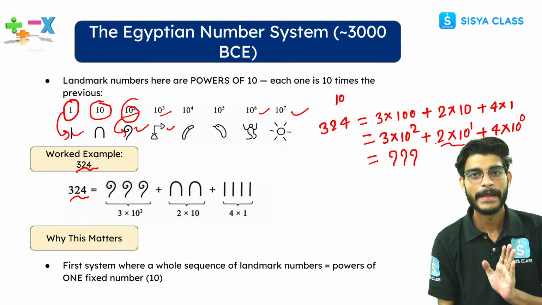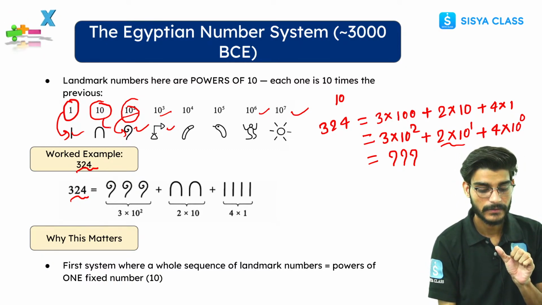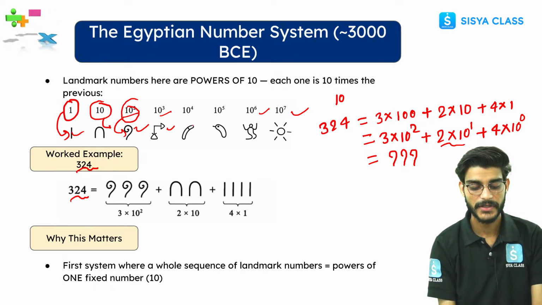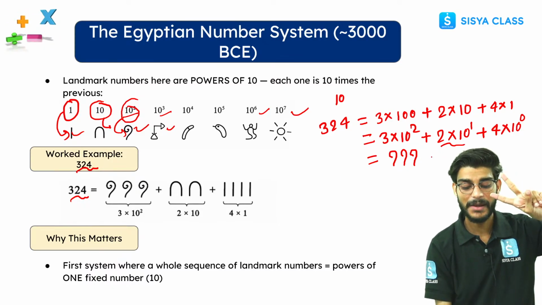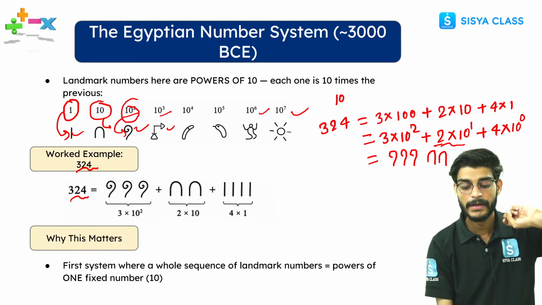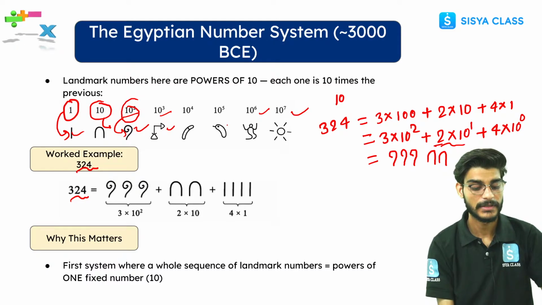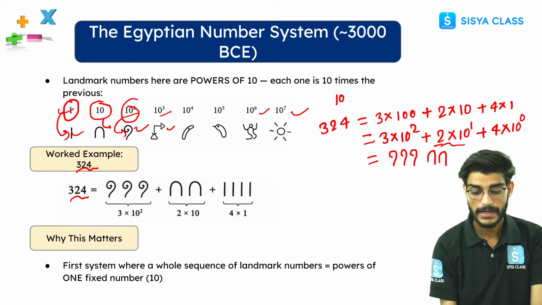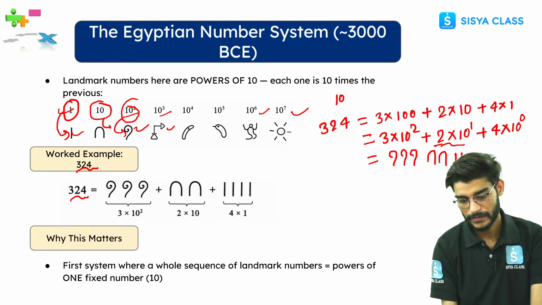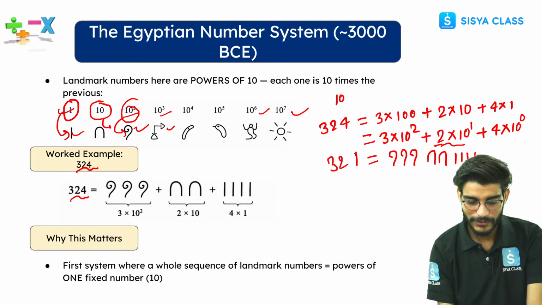Now this is 2 into 10 power 1. What is the notation for 10 power 1? This is the notation, and how many times do we have to write it? 2 times. So I'll write this 2 times. Now next I'll have 10 power 0, but it is 4 times. 10 power 0 is I. So I'll write this 4 times I. And this is how you will denote 324.